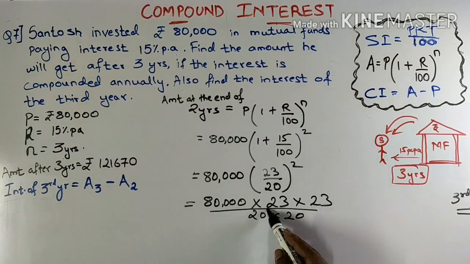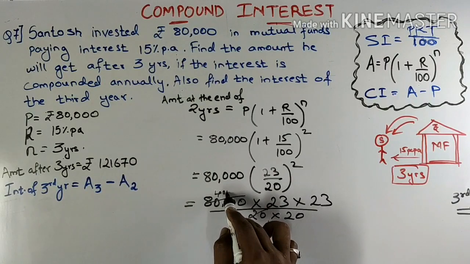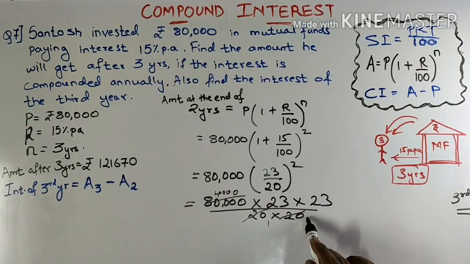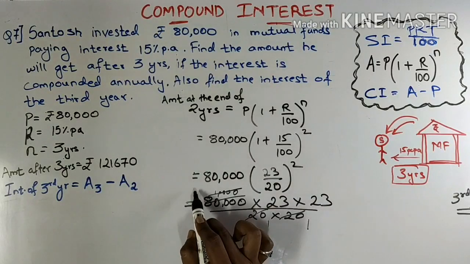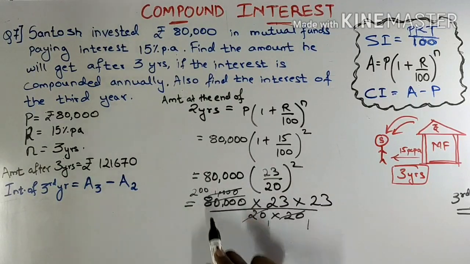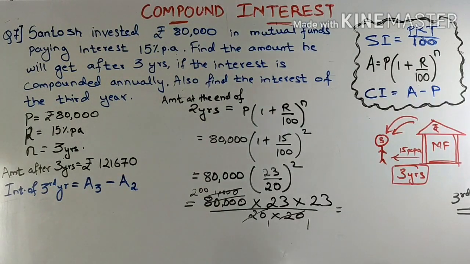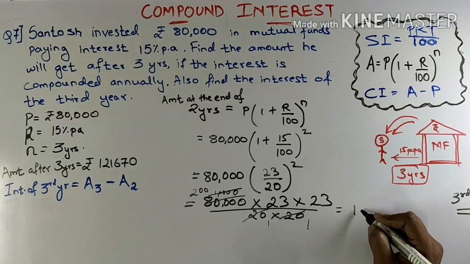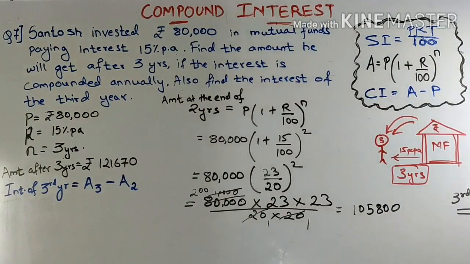Simplifying it again, 21s are 20, 4,000s are 21s are 20, 200s are 4,000, which will be 1,05,800.